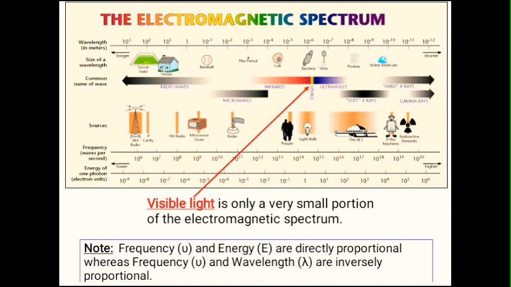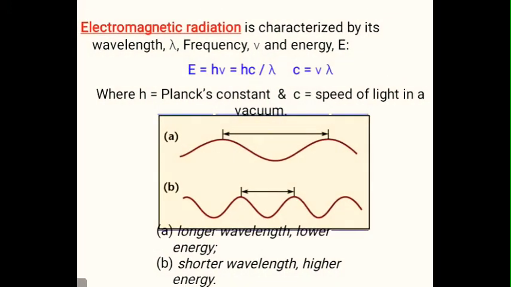You can express the different terminology by symbols. The frequency V and energy E are directly proportional, whereas frequency V and wavelength lambda are inversely proportional.